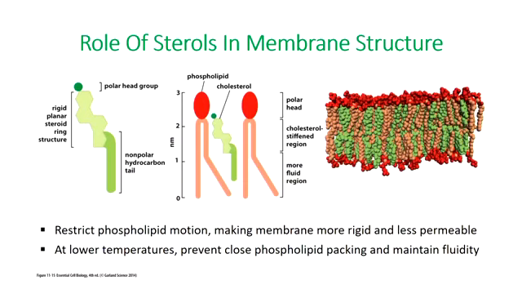Now, that doesn't mean it's more fluid than it is at warmer temperatures. It's not. But it's more fluid than a sterol-less membrane would be. So the sterols in our membranes are critical to their function. They could not do what cells need them to do if they didn't have those sterols there.